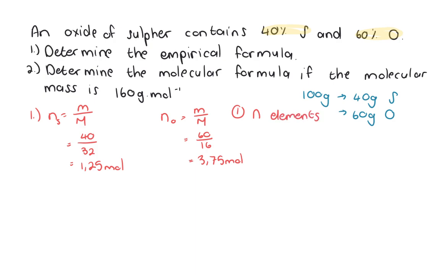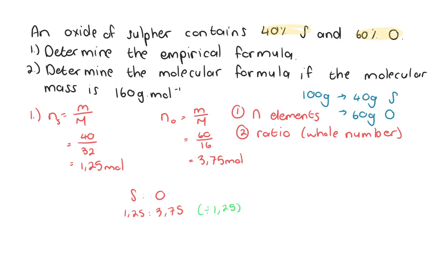Now step 2 is I'm going to do the ratio. The ratio of the sulfur to my oxygen is 1.25 to 3.75. But remember, I need a whole number ratio. I don't have any molecular or empirical formula that has decimals inside. So I'm going to divide by the smallest number.